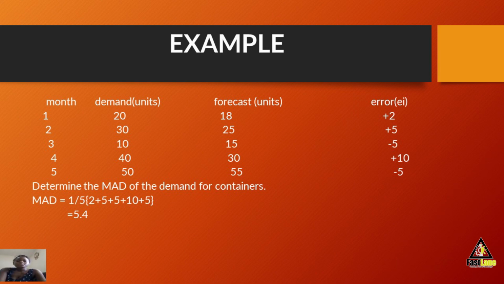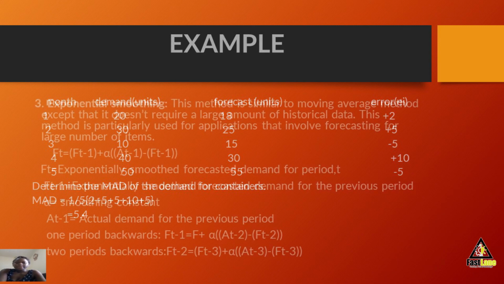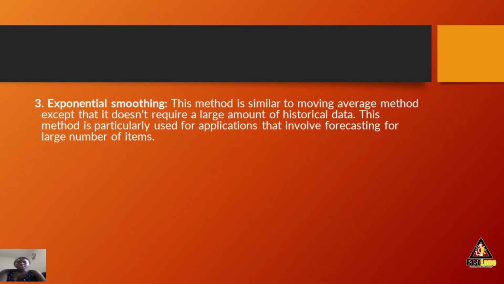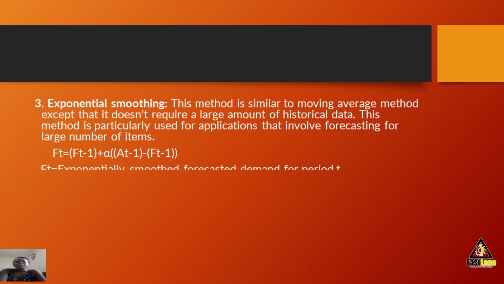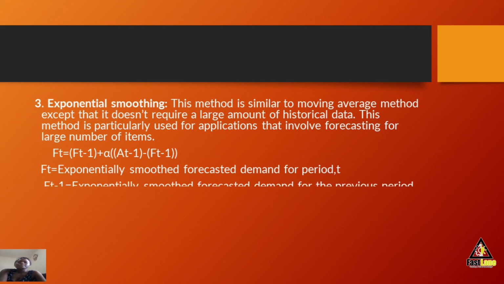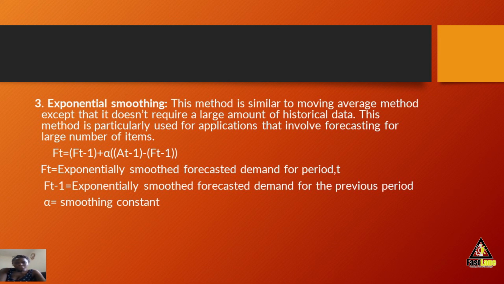Now we go to the third method of forecasting, which is exponential smoothing. This method is similar to moving average method, except that it does not require a large amount of historical data. This method is particularly used for applications that involve forecasting for a large number of items. Then for exponential smoothing, it has its formula that I will show you below.